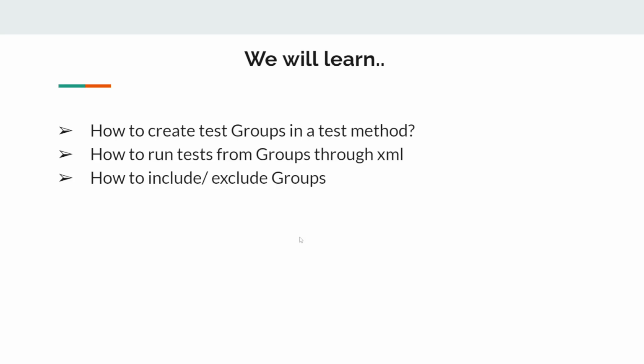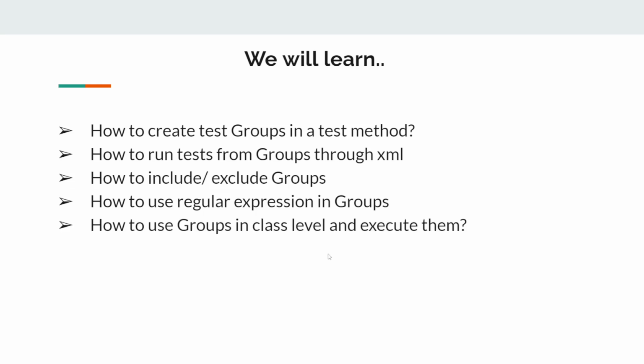Then we'll see how to include or exclude groups, since you might have multiple groups. You will also see how to use regular expressions in groups. And lastly, we'll see how to use groups at class level and execute them.